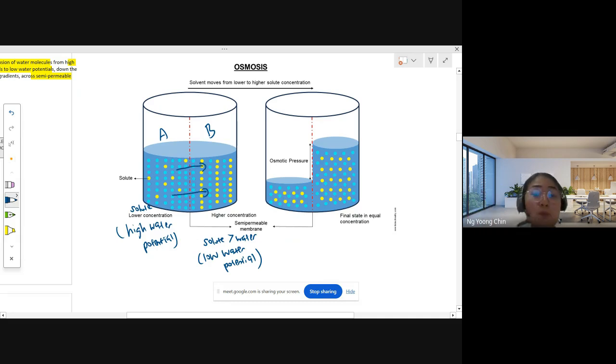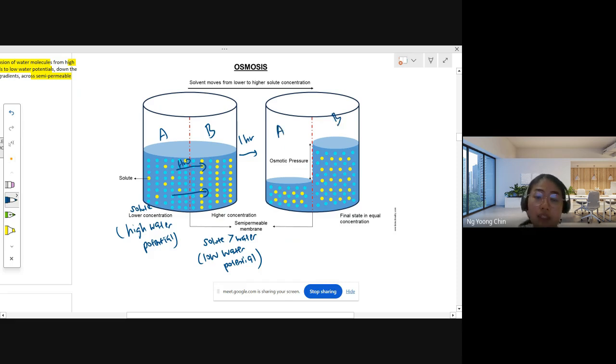Only water molecules move. At the end, maybe after 1 hour, you will see the levels like this.